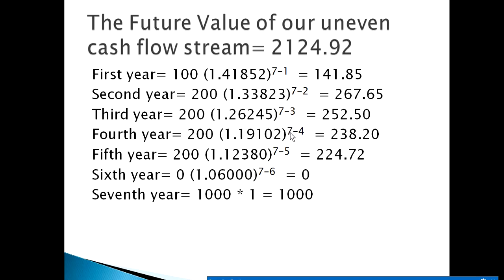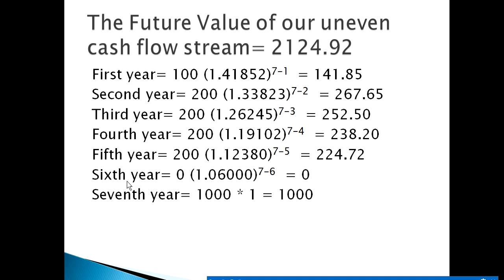And for the fifth year, we have to multiply the 200 by 1.12380, which is for the second year, after we deducted 5 from 7, which is the number of years. We can go to the table and see all these factors.